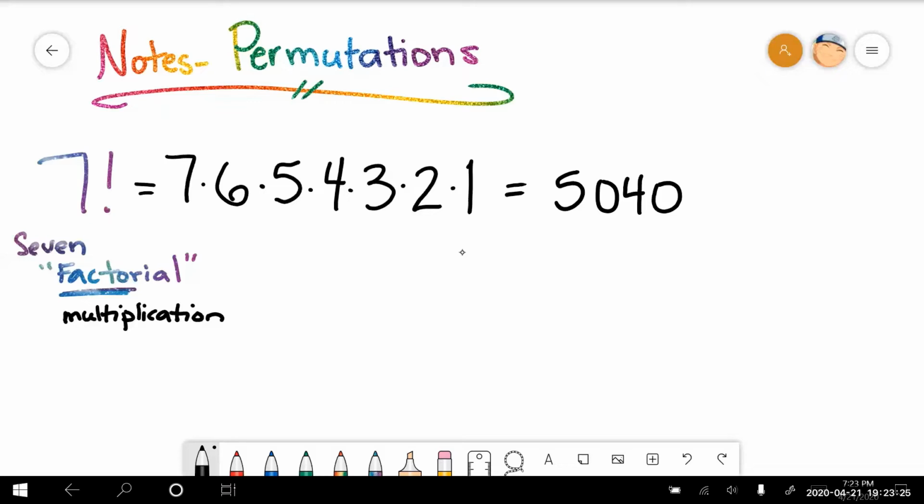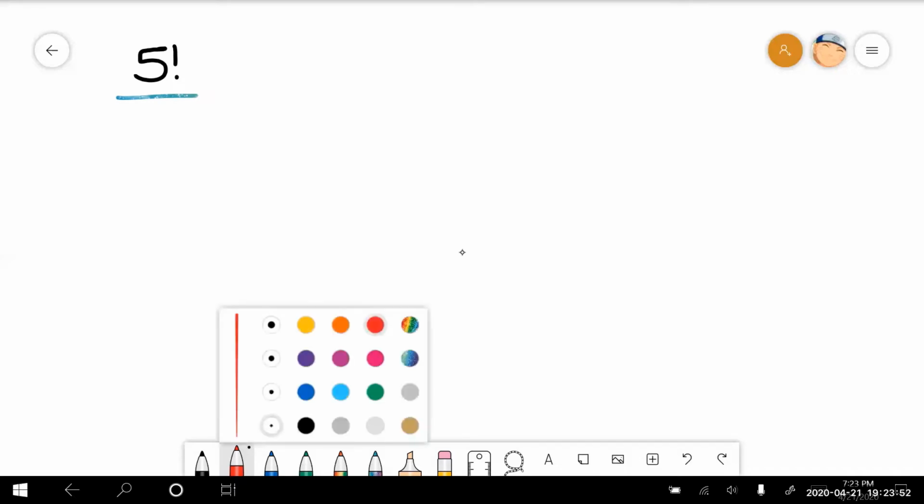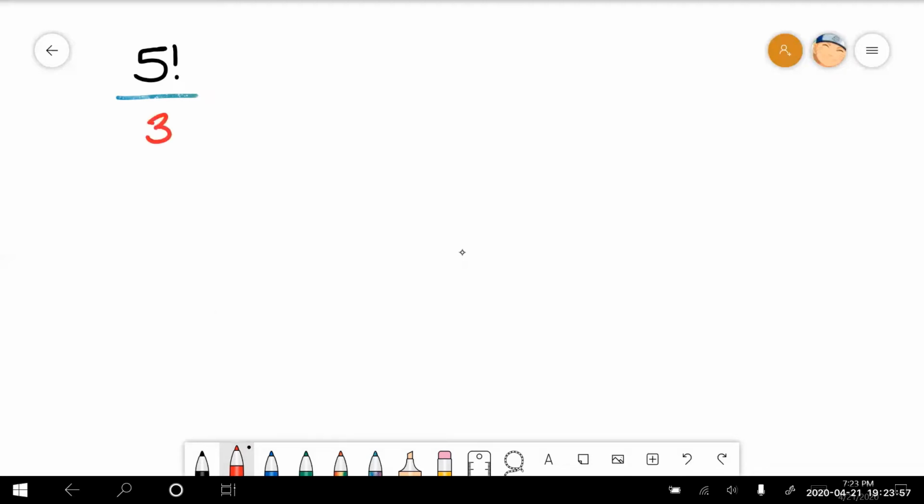Some things we might want to keep in mind as we're working through factorials is that all the laws continue to apply as we're working with mathematics, right? So, for example, if I've got 5 factorial, and I divide that by 3 factorial, I can't simplify here, right?